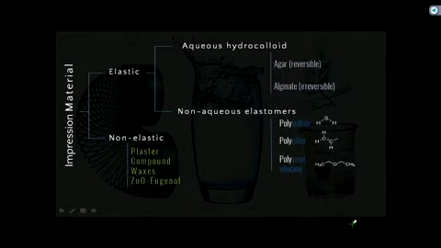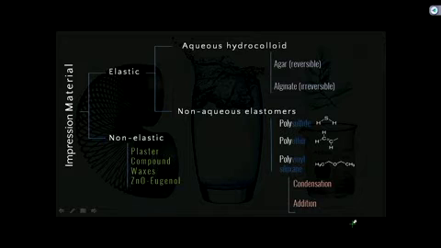All right, so let's talk about our non-aqueous elastomeric impressions. We have three of them that we'll talk about in dentistry: polysulfide, polyether, and polyvinyl siloxane. We'll ignore the first two just for today, and we'll talk about polyvinyl siloxane. Polyvinyl siloxane comes in two forms. One is condensation, the other is addition.